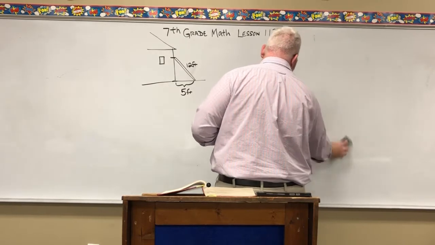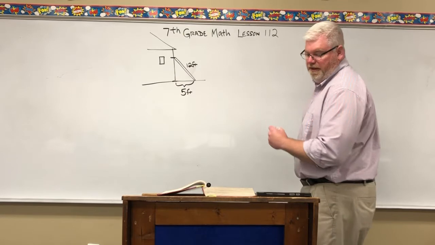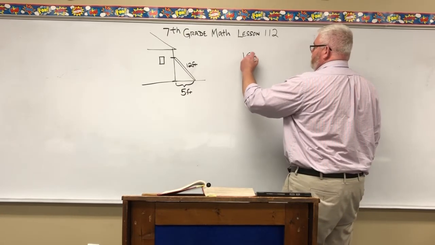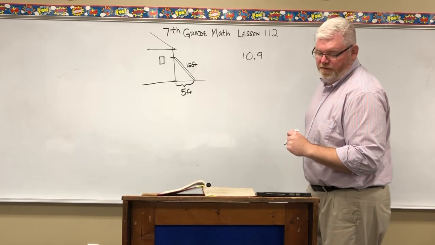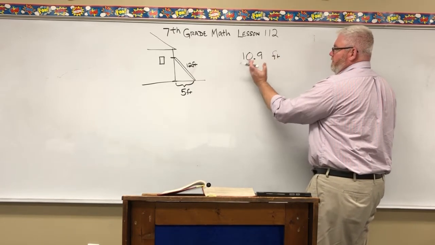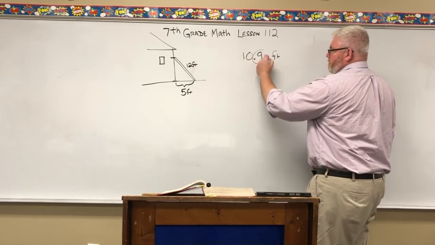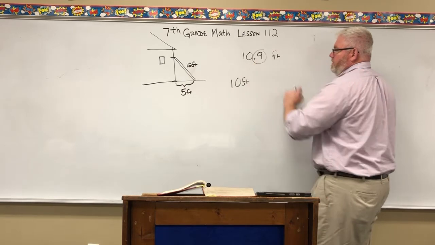So what we're going to do is change the feet to inches using a unit multiplier. So we take our 10.9, and we're going to round. This is our feet, but we want it in feet and inches. So we're going to take our decimal, because we know we have 10 feet in there. The decimal is the inches.